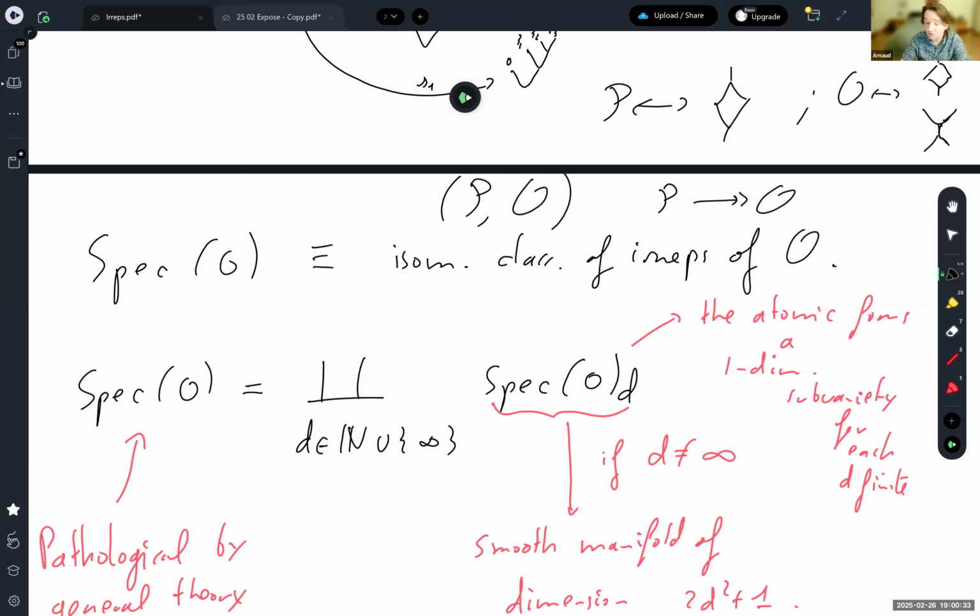Non-commutative tori is actually a quotient of P, of the Pythagorean algebra. So any representation of the non-commutative tori actually goes here.